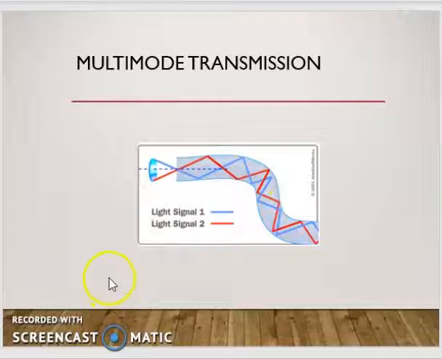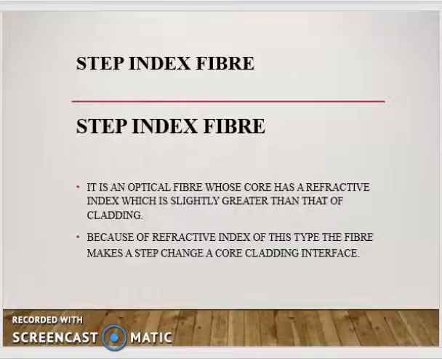The second type of optical fiber cable is step index optical fiber and graded index optical fiber cable. In a step index optical fiber cable, the refractive index of core is constant.